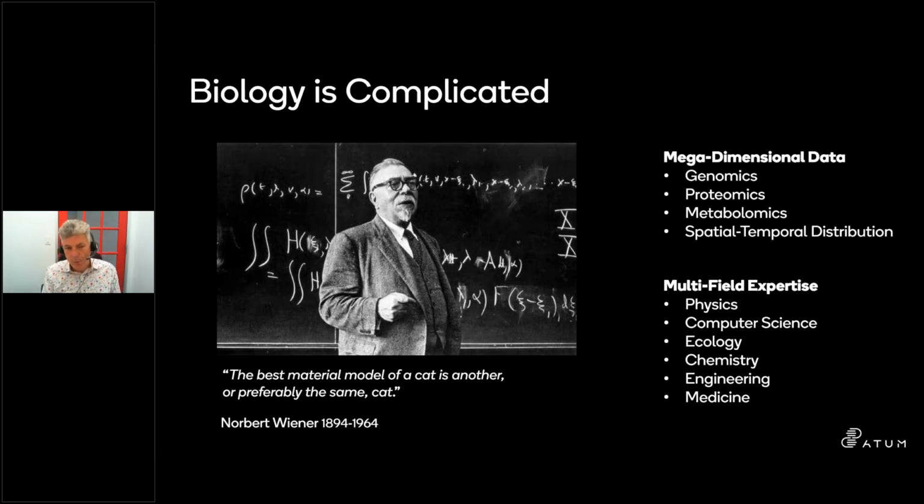I think what's happened over the last 20, 30 years is that it's becoming much more complex and much more complicated, in the sense that the data is so intensive that we have genomics, we have proteomics, we have metabolomics, and this is for every little cell in the body. And we certainly have these different spatial and temporal distributions of all these metabolites and all the ATPs and all the different genes and RNA polymerases and everything.